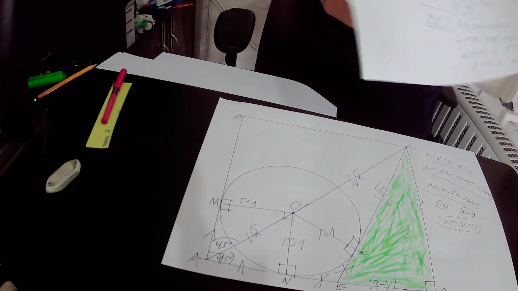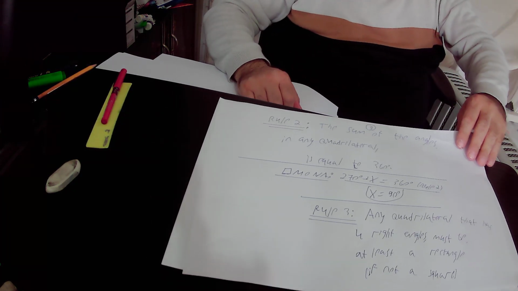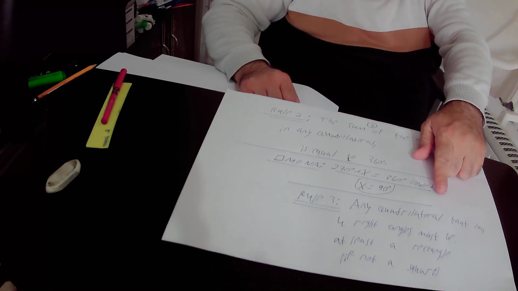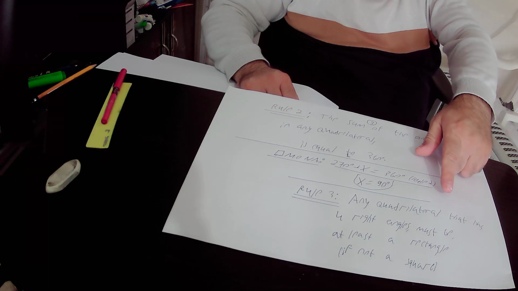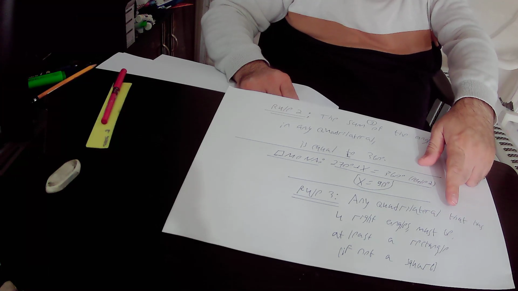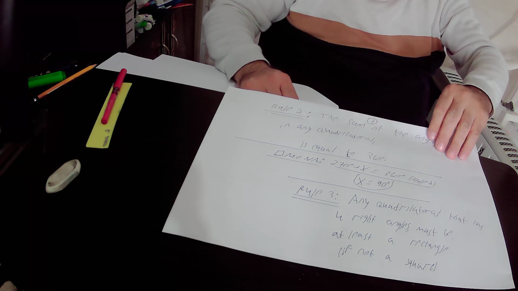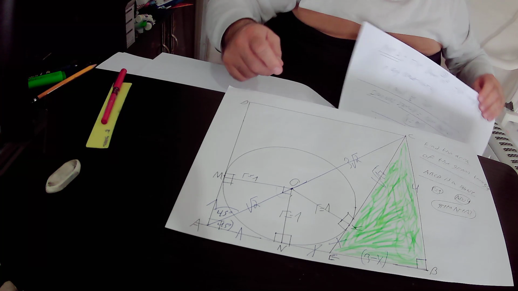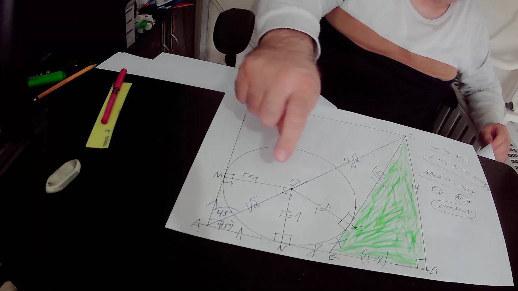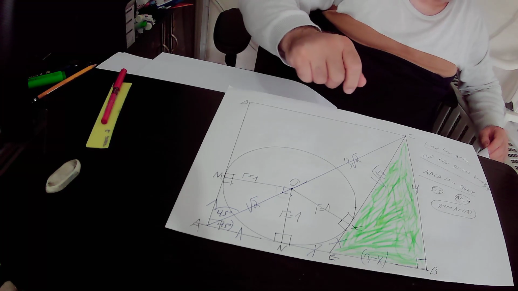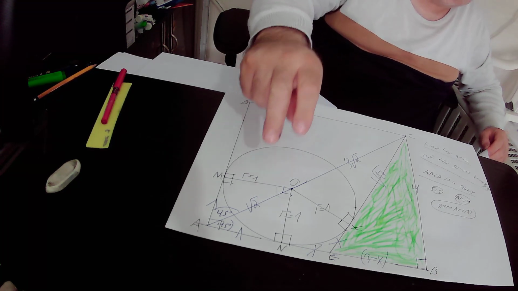And we also have rule number 3. According to rule number 3, any quadrilateral that has 4 right angles must be at least a rectangle, if not a square. And because quadrilateral MOAN has 4 right angles, this quadrilateral must be at least a rectangle.